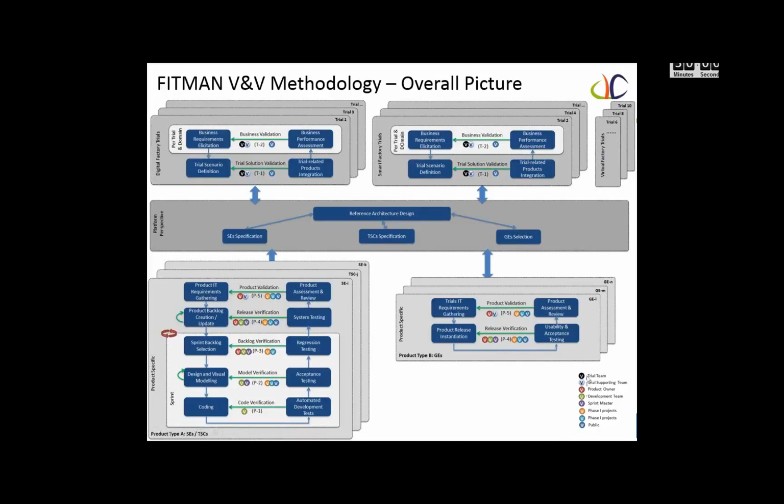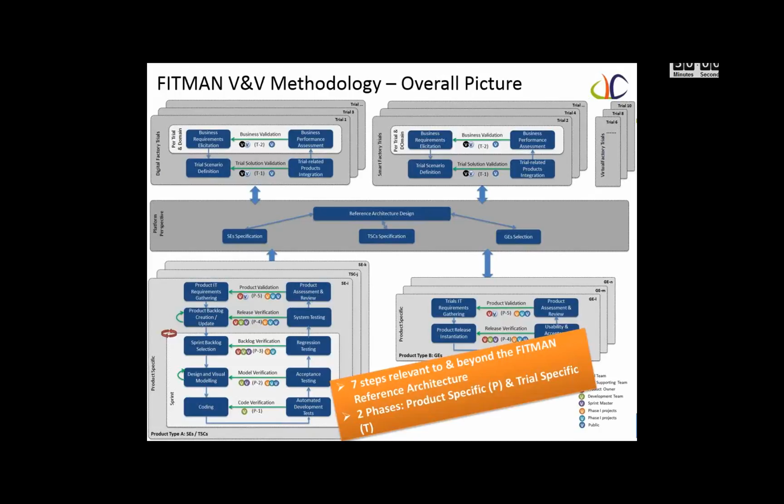We have identified a number of roles, a number of stakeholders that could be involved in every step of our 7-step methodology. 7 steps and 2 phases, this is what I want us to remember as a first step as we see the V&V methodology.